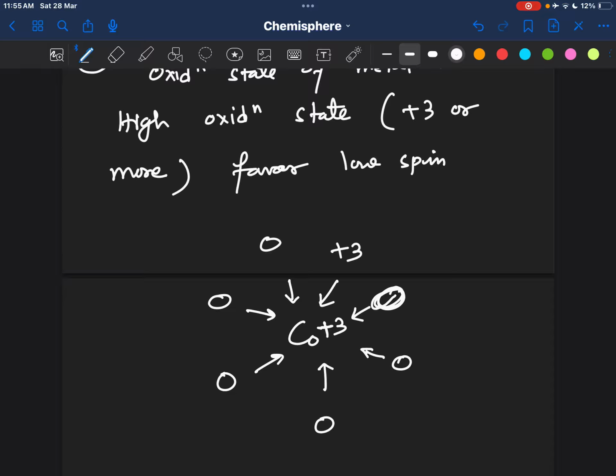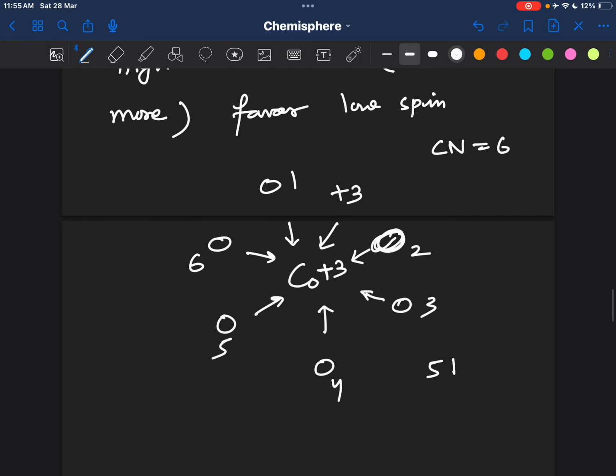And also one more thing is, the coordination number is 6 here, so there are 6 ligands, 1 2 3 4 5 6 of them, and they are going to interact with the 5 d orbitals of the central metal atom, right? 6 ligands interacting with 5 d orbitals, so there will be high repulsions.